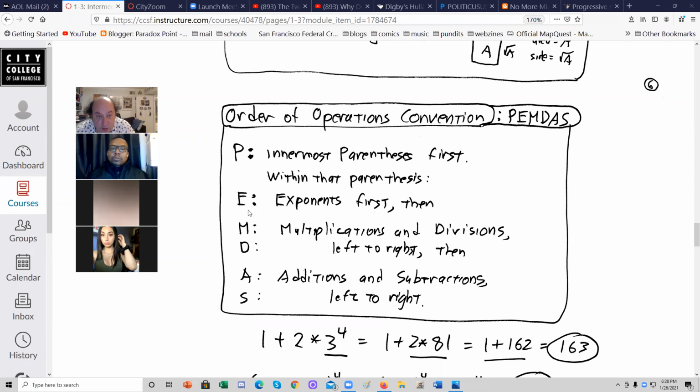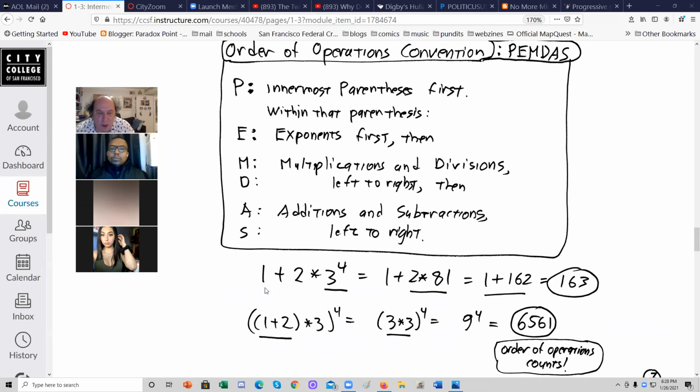Then after you do the exponents, you do MD, multiplications and divisions from left to right. Then after all that's done, you do AS, additions and subtractions left to right. So I think of exponents as binding tightest, multiplication and division not quite as tight, and addition and subtraction loosest. So for example, 1 plus 2 times 3 to the 4th.